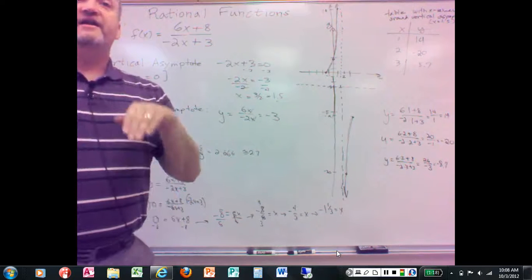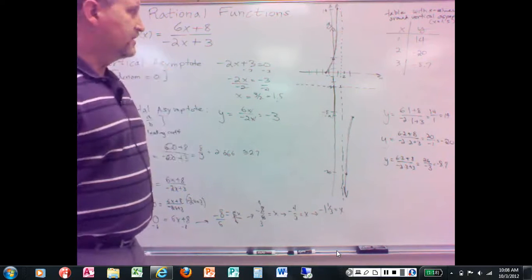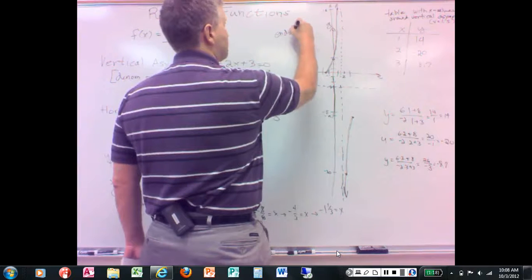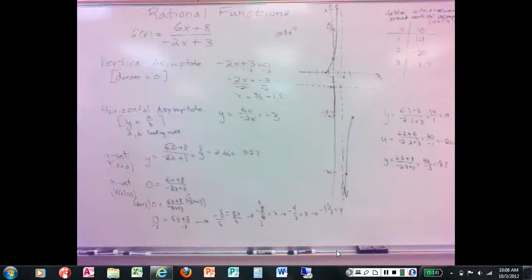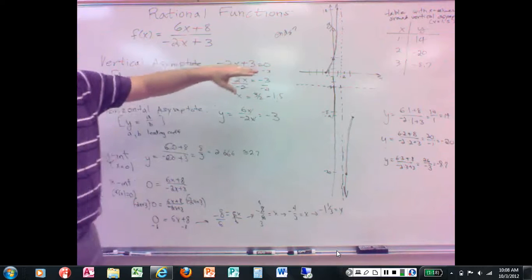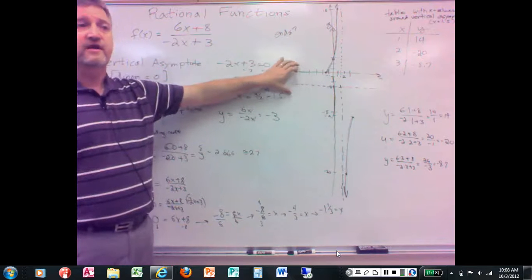However, that leaves two other parts here, and that is on the ends. What we saw happening on the ends of the one we did on the handout was it levels out. And where does it level out? It levels out at the horizontal asymptote, doesn't it? So this is going to level off on the ends at the horizontal asymptote.